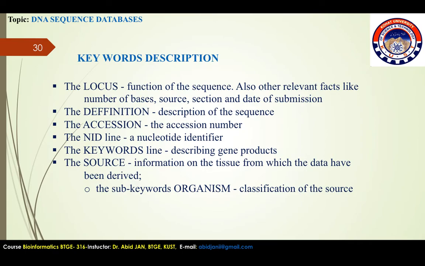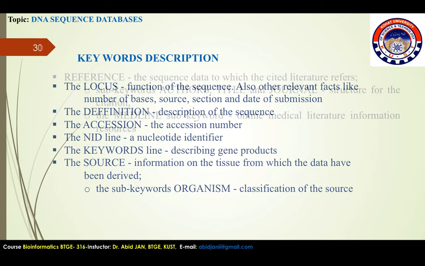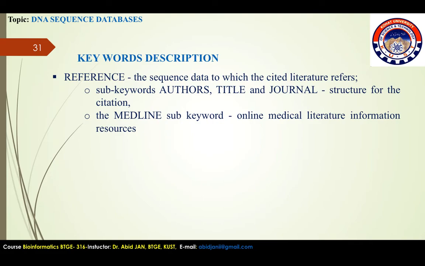The SOURCE record provides information on the tissue from which the data have been derived. There is a sub-keyword within the source, and that is ORGANISM, which illustrates the biological classification of the source organism. The next keyword is REFERENCE.